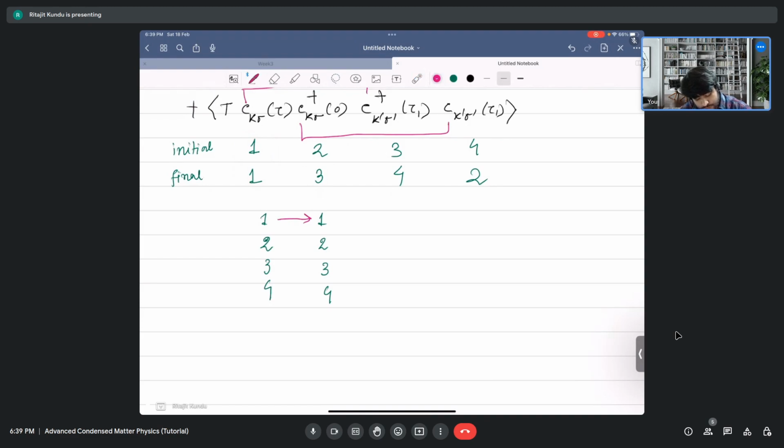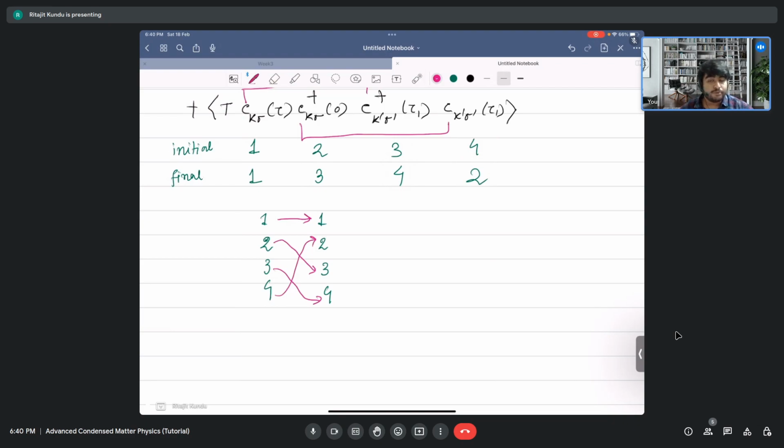But then if you look at the other things, 2 goes to 3, and 3 goes to 4, and then 4 goes to 2. Okay, so now you have this kind of diagram.